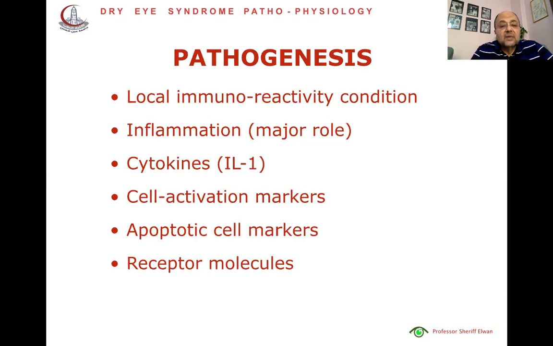There is activation of some cell markers, there is apoptotic activity of some cell markers, and there are receptor molecules on some cells. I know that this is a big jargon of names, but we can simply say it is a process of inflammation that is mediated immunologically with a congenitally determined apoptotic activity.